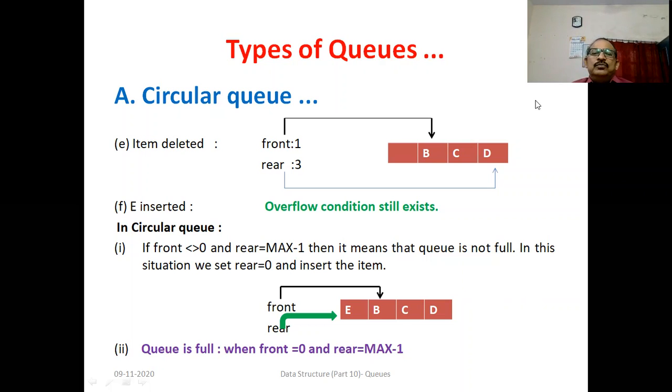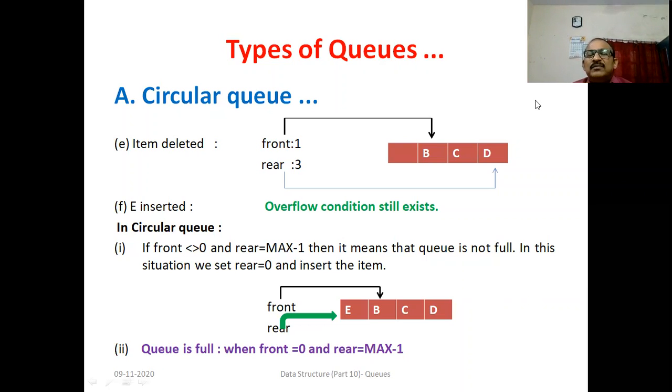In a circular queue, how will we utilize the vacant space? Vacant space is available, but we cannot perform the addition operation. But in a circular queue, if front is not equal to 0 and rear is equal to max minus 1, what will we do?